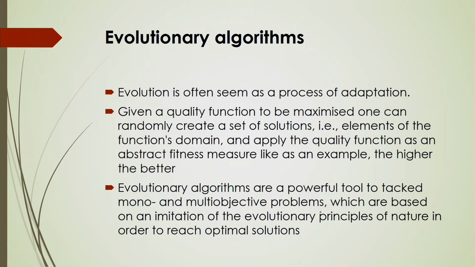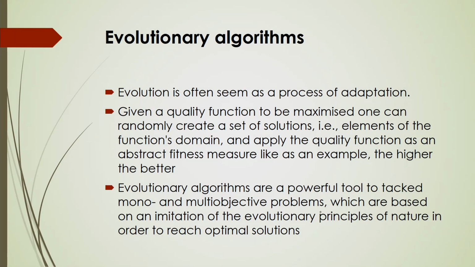Here we can mainly classify these algorithms into two divisions: one is called evolutionary algorithms and the other is called classical algorithms. And these two come under stochastic algorithms. Let us have a look at these evolutionary algorithms and also classical algorithms.